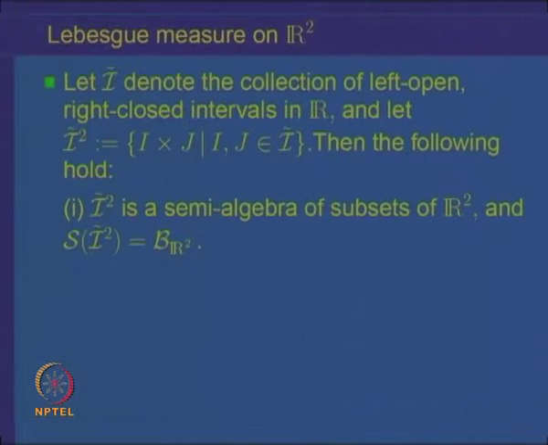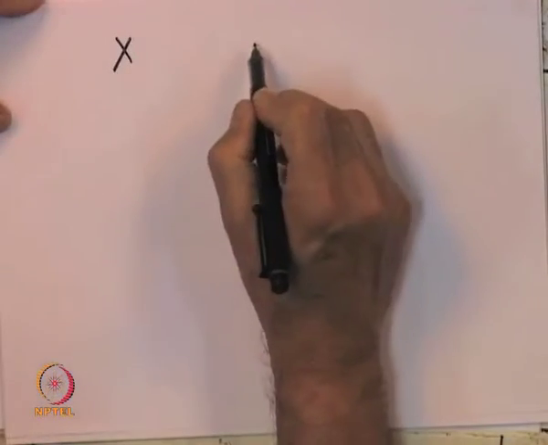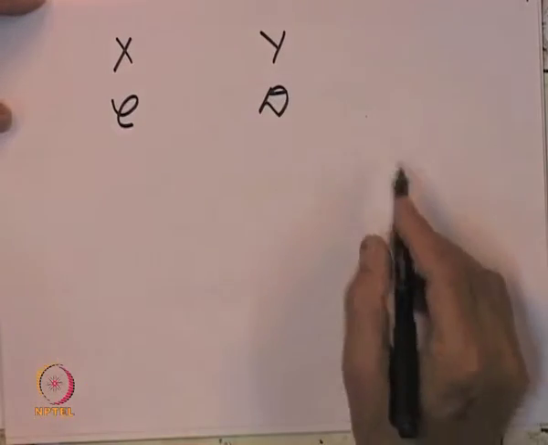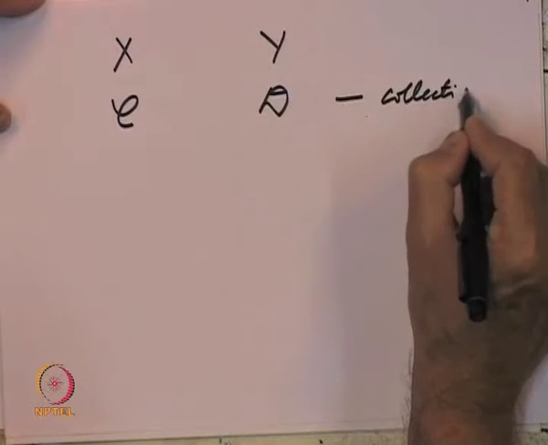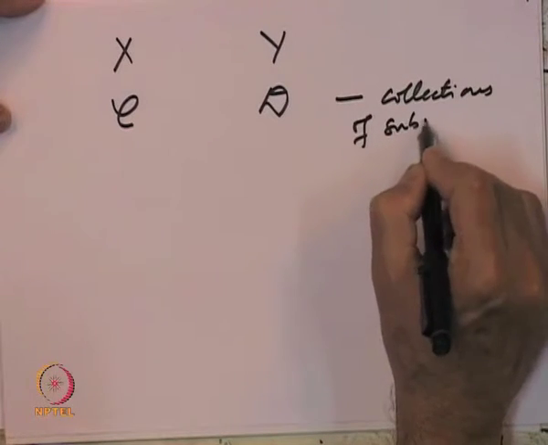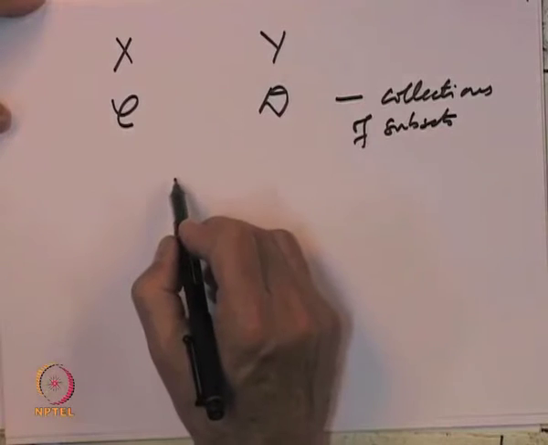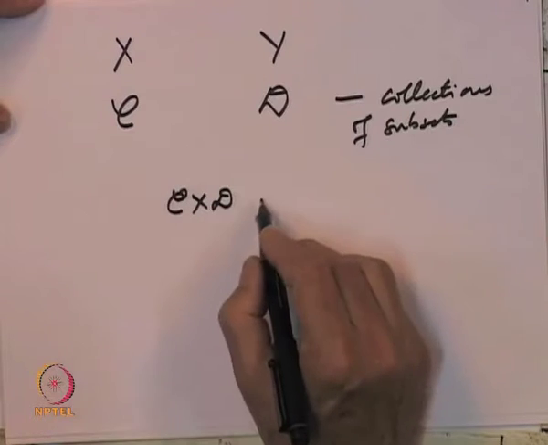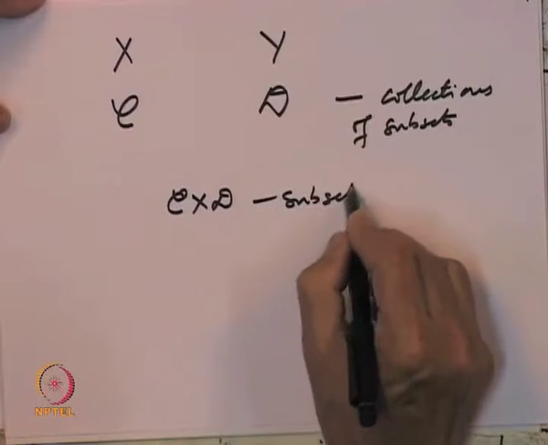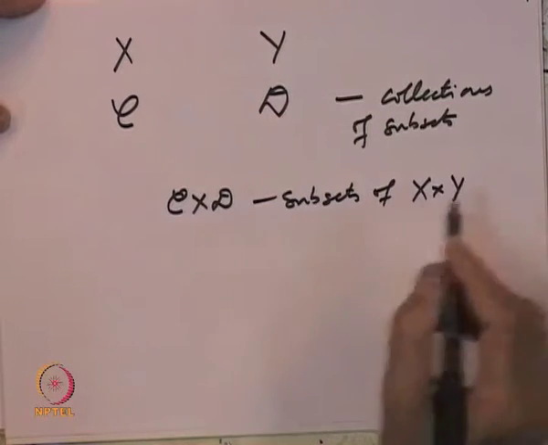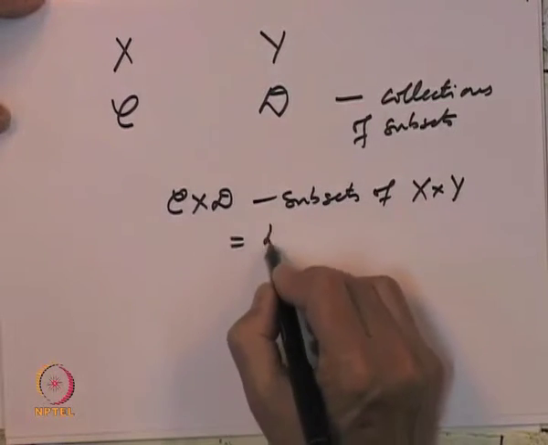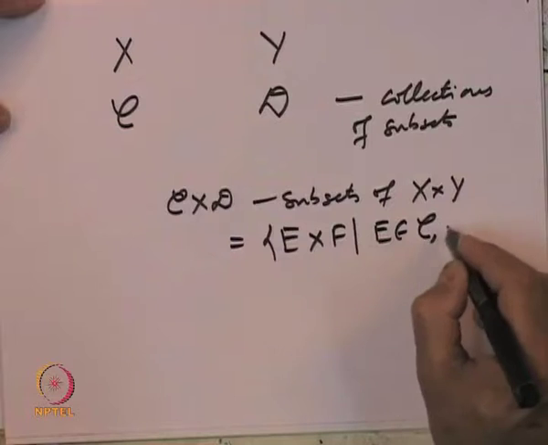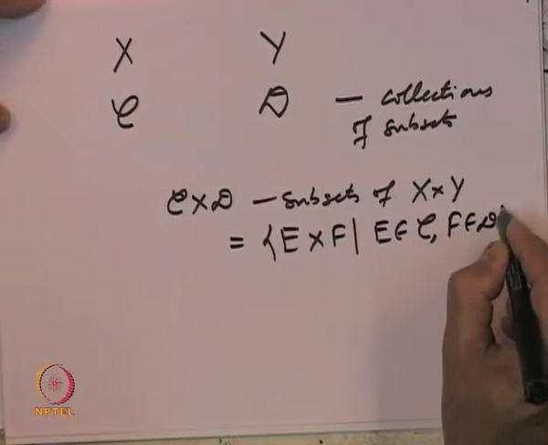Namely, if we take a set X and a set Y, and here we have a collection of subsets C and a collection of subsets D, then we can form C cross D, a collection of subsets of X cross Y. This is equal to all sets of the type E cross F, where E belongs to C and F belongs to D.